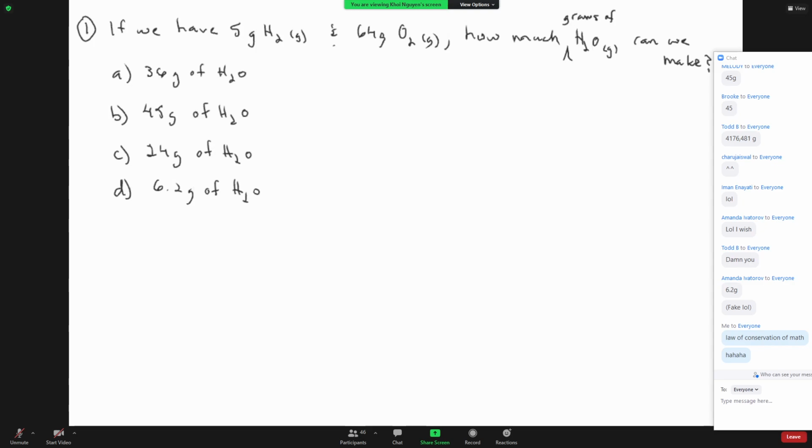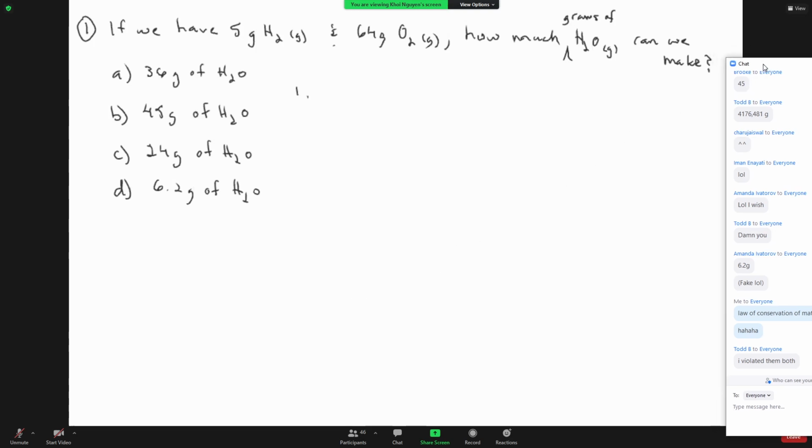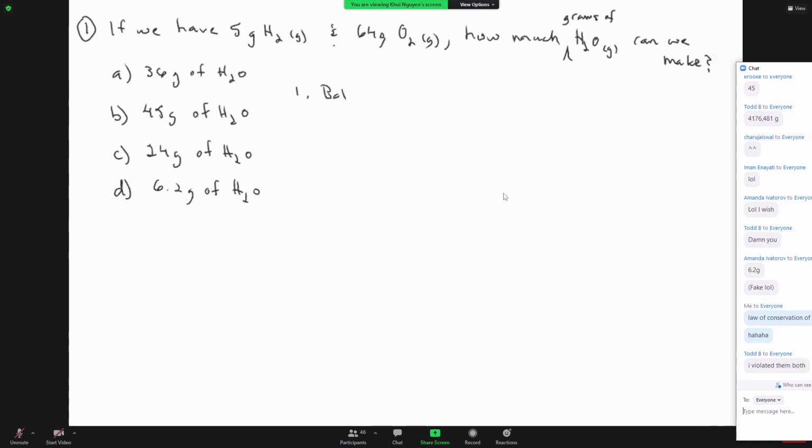Okay, so let's take a look at this. When we do these types of problems, the first thing we need to do is write and balance a chemical reaction, if necessary.